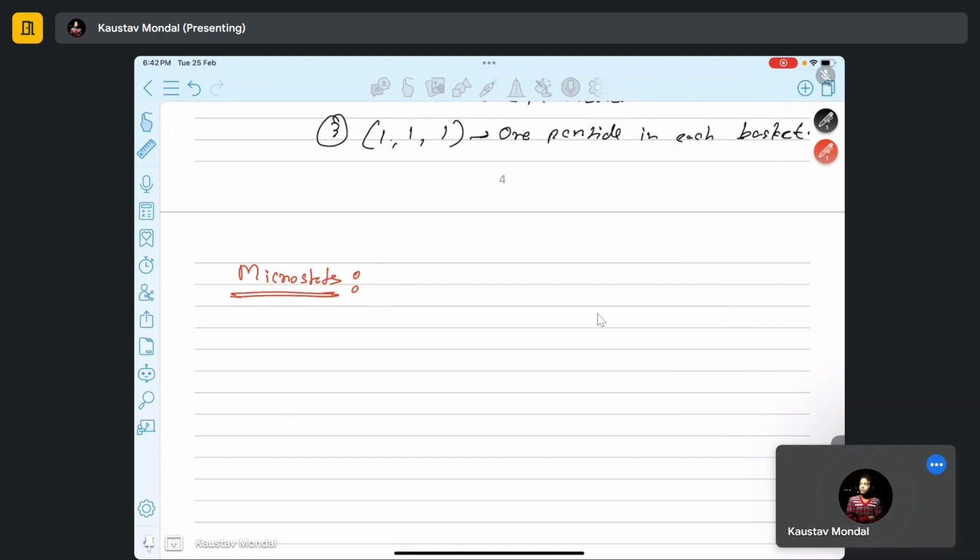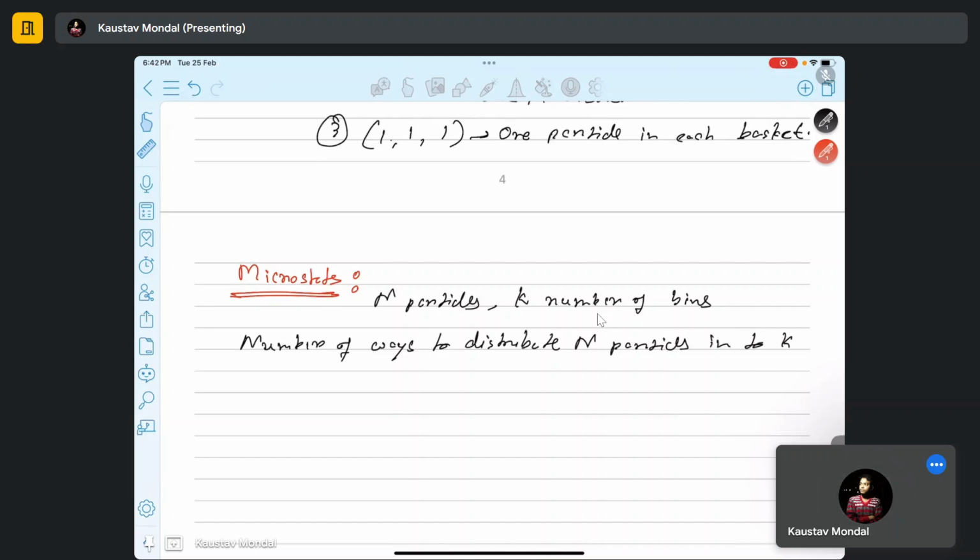Suppose there are n particles and k bins. Then the number of ways to distribute n particles into k bins gives you the total number of microstates.